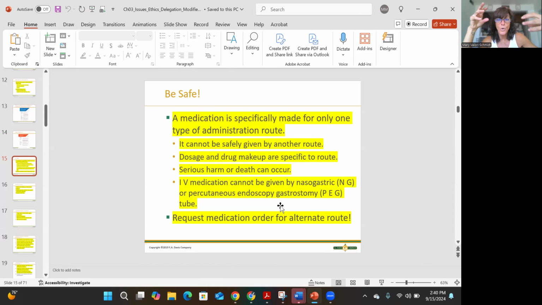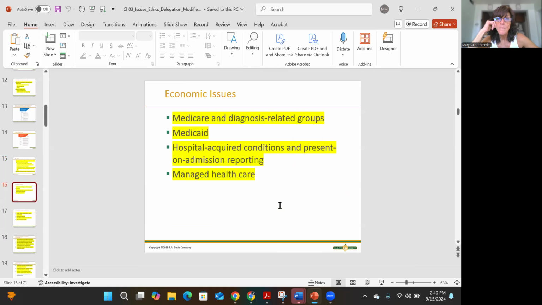So if a person is ordered pills, PO meds, and you determine that they're having difficulty swallowing and they're a risk for aspiration, then maybe you want to get that med changed to a liquid med. If they have a PEG tube, right? Some meds can't be crushed. So you want to get those changed to liquid meds, okay? You just call the doctor and get an alternate route for that drug.